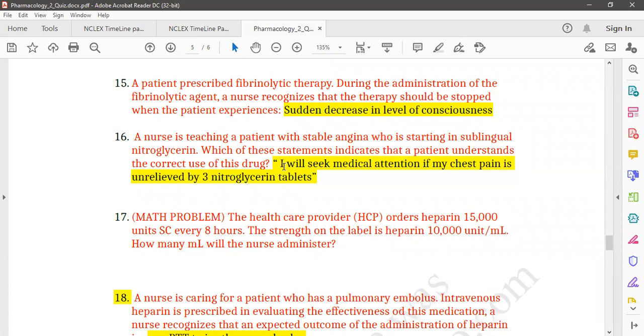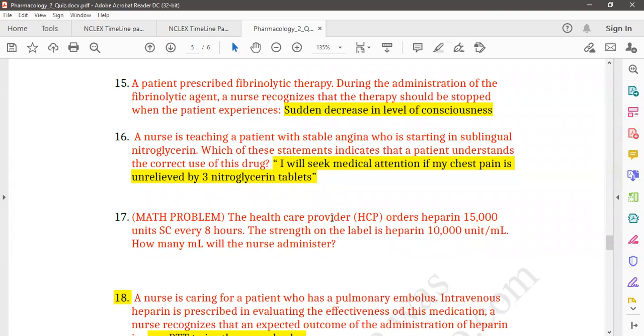So if the patient says, I will look for medical attention if any chest pain is unrelieved by 3 nitroglycerin tablets. So if you take 3 nitroglycerin tablets consecutively and still have pain, you had better call 911.